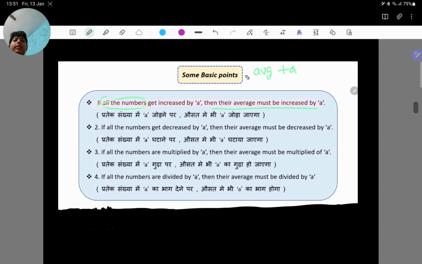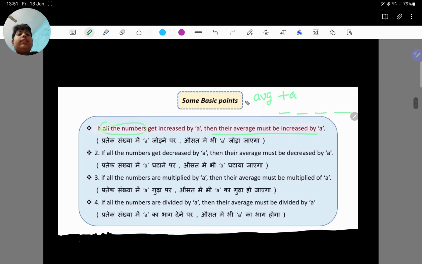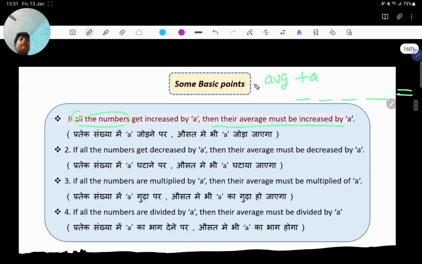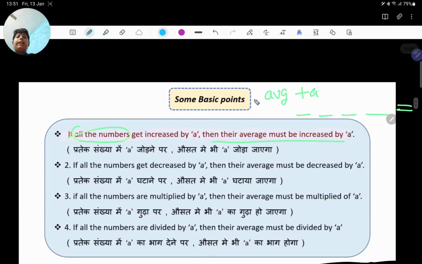So this time a is now in minus. Let's see, we have four observations, and their average is, for example, x.